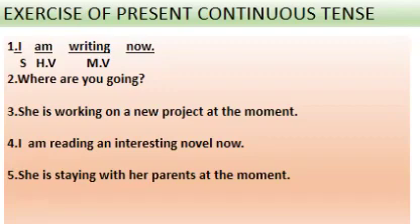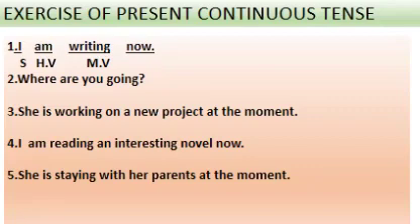So in second sentence, you is a subject and are is a helping verb and going is a main verb, and where is a WH family word and it is an interrogative sentence. Third sentence, she is a subject and with she we always use is helping verb and working is a main verb here.